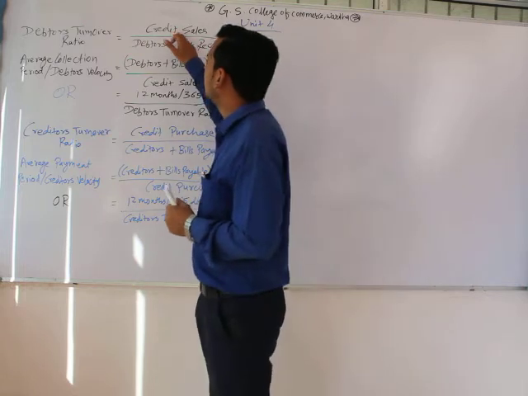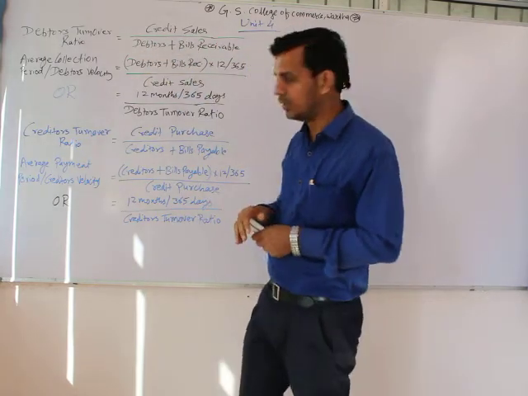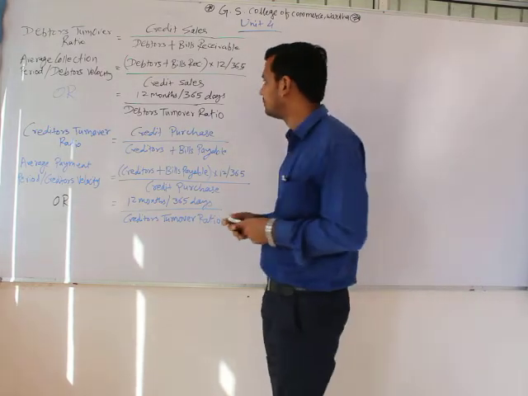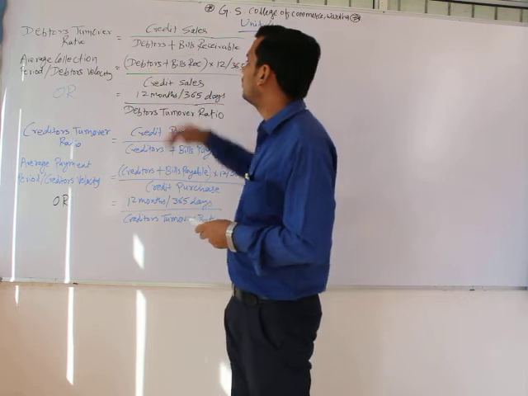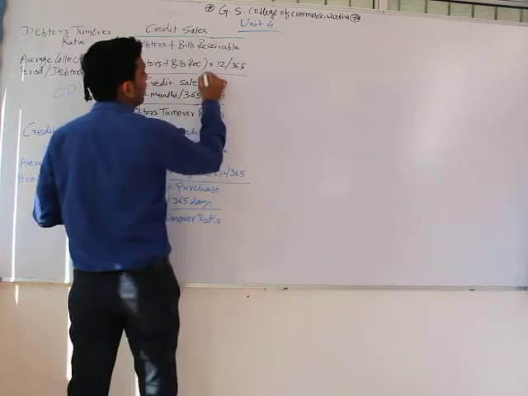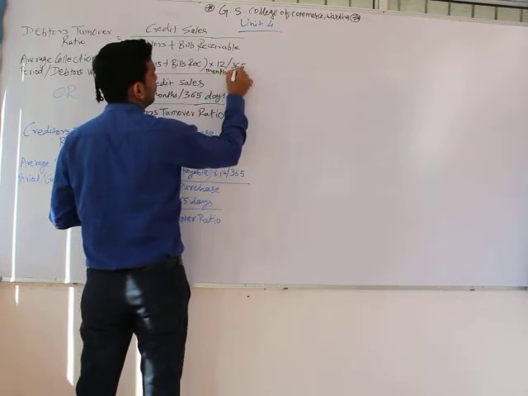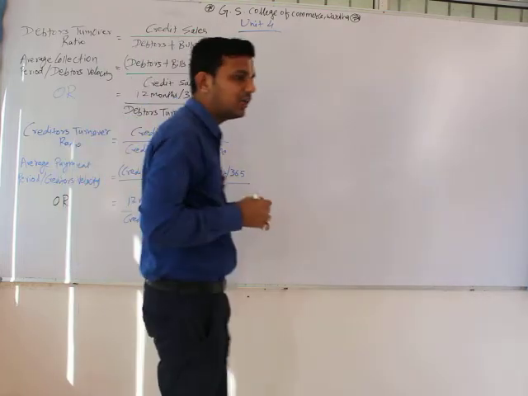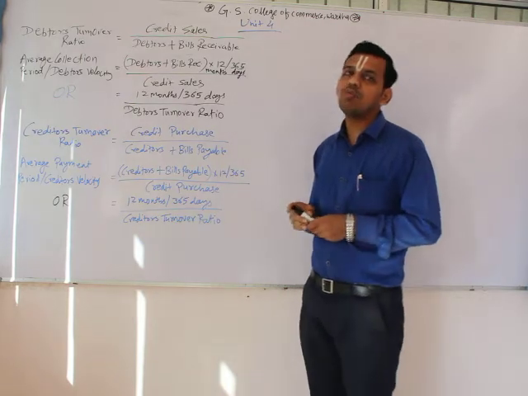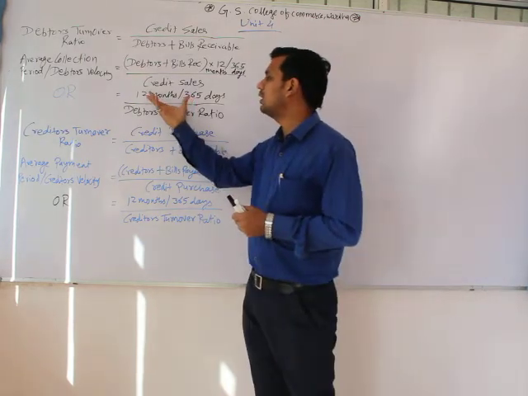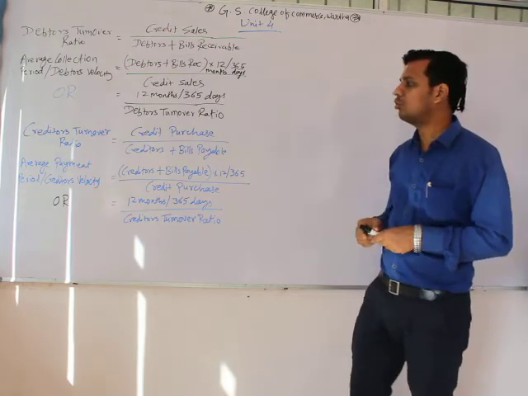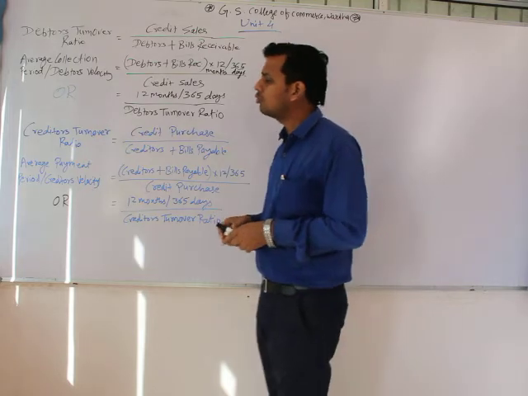It is credit sales divided by debtors plus bills receivable, whereas average collection period, also known as debtors velocity, is debtors plus bills receivable into period, that is, it can be 12 months or 365 days or any number of days mentioned in the problem, divided by credit sales. Another formula which can be used to calculate debtors velocity is 12 months or 365 days divided by debtors turnover ratio.